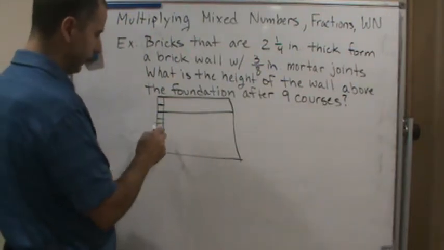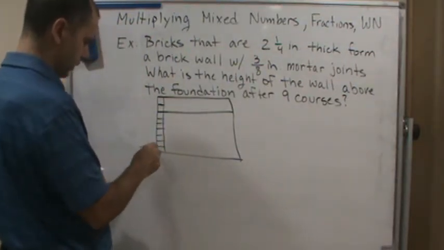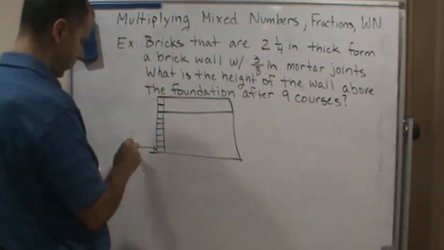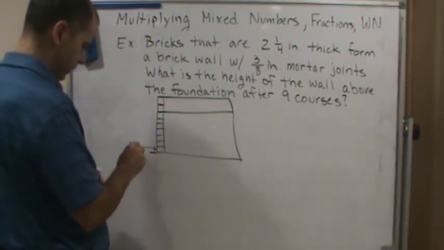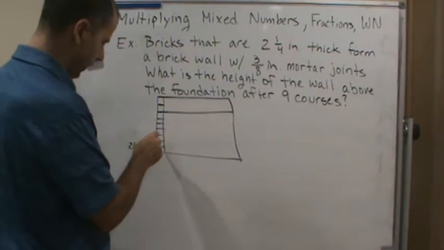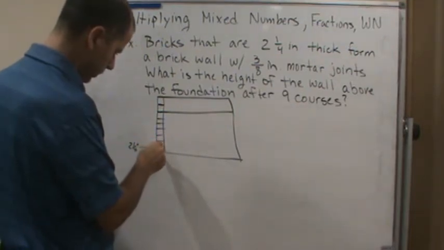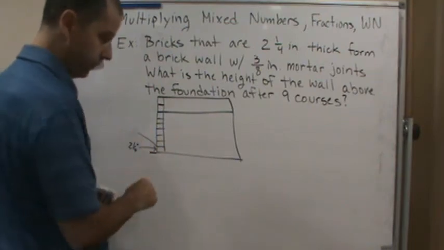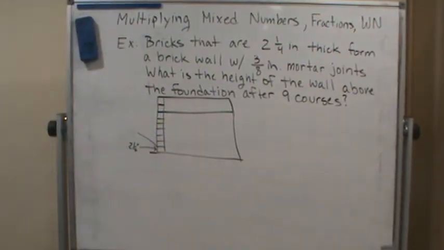And so I know each brick is 2 1/4 inches thick, right? So that's going to be my height. But in between, where the mortar is, that's going to be what? 3/8 inch. Right?